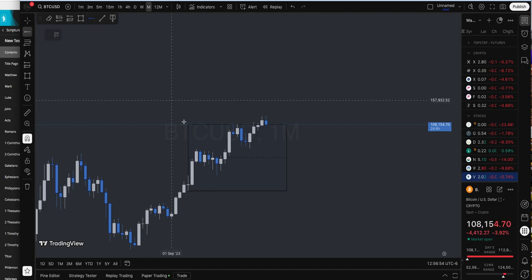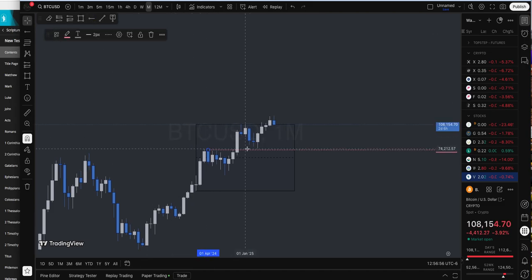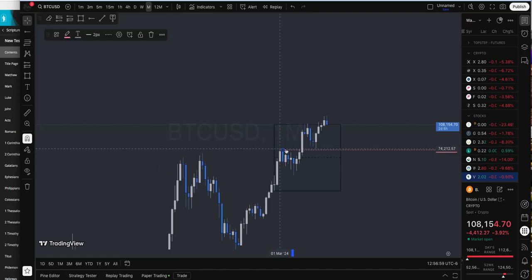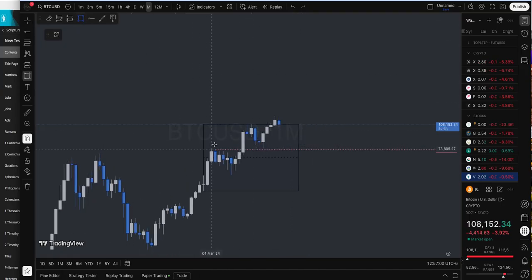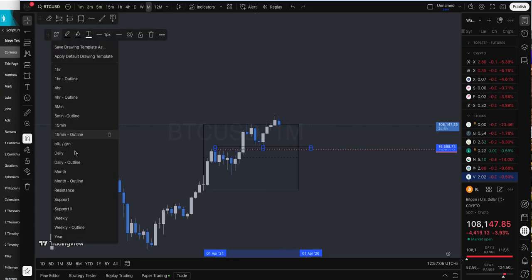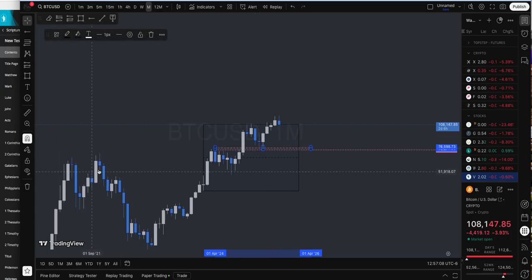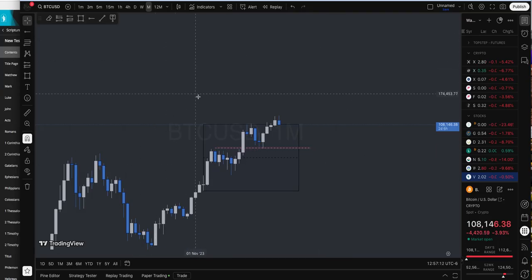So I want to see what was in here or in between there. And fair value gap is what some people call them. Just kind of getting the feel.